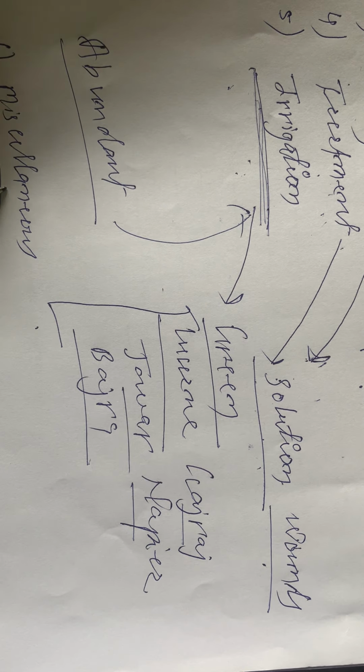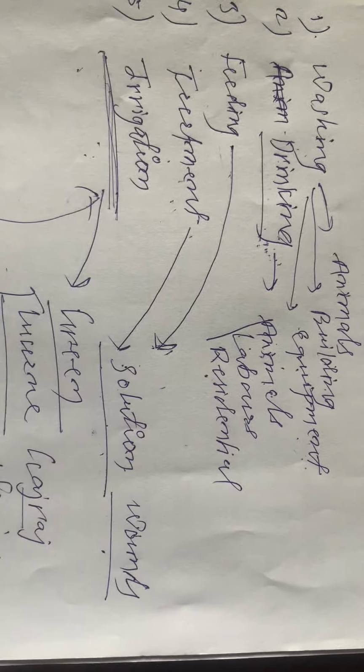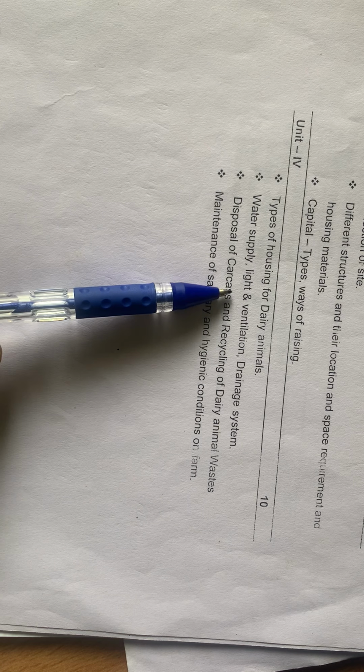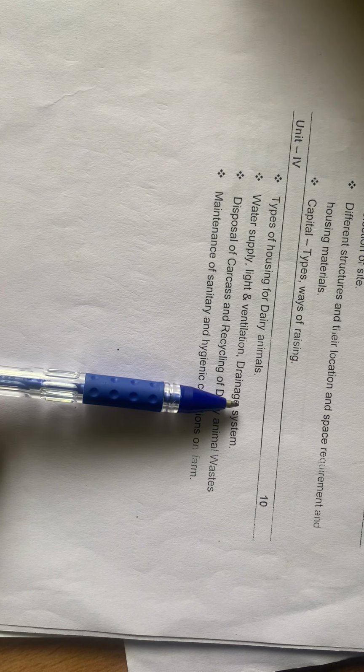So, in this way we have discussed in detail the purposes of water, and in today's lecture we are going to discuss in detail the light and ventilation on a dairy farm. Okay. So, let us see in detail the light and ventilation on a dairy farm.